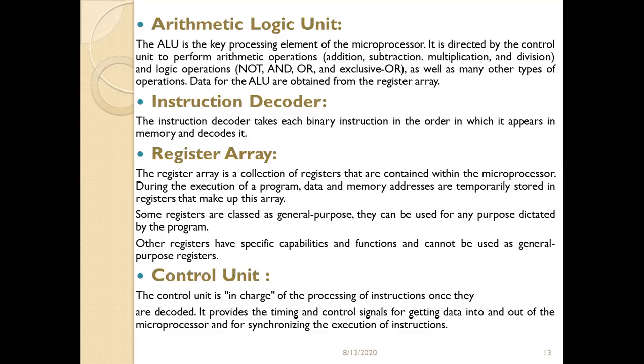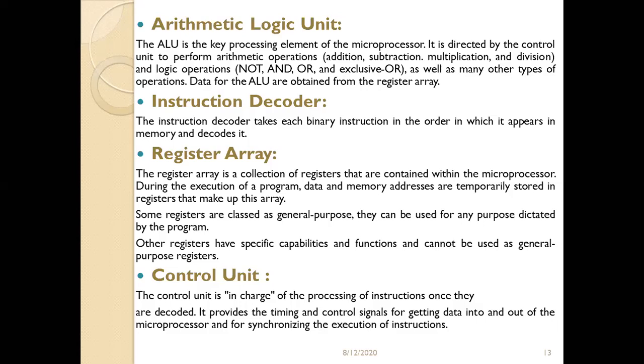Data for the arithmetic logic unit are obtained from the register array, which is located inside the central processing unit. So what does the arithmetic logic unit do? It performs the arithmetic and logic operations.